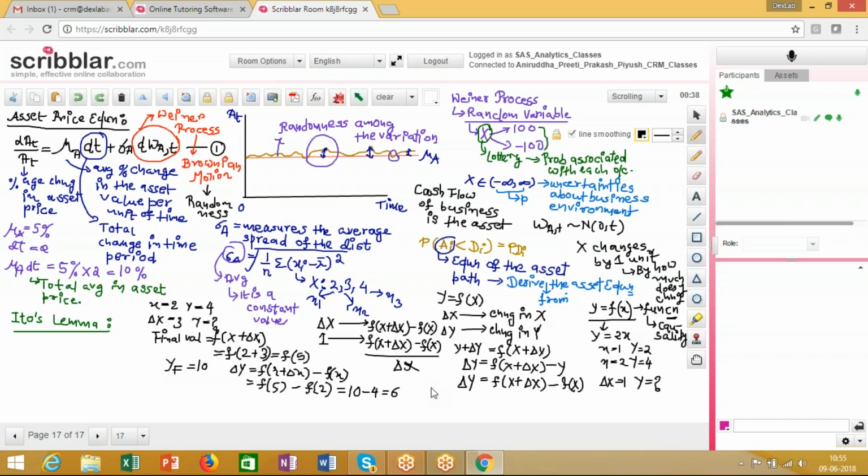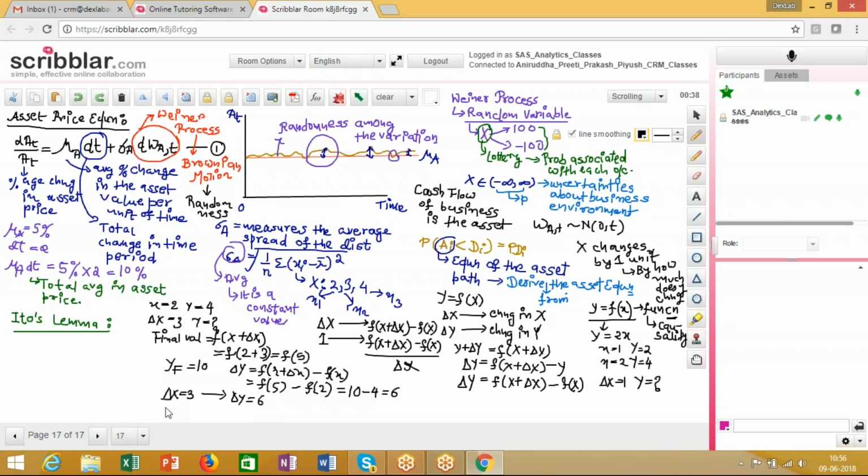Now comes the concept of this. So when delta x is equal to 3 units, what is the corresponding change in y? The corresponding change in y is 6 units.